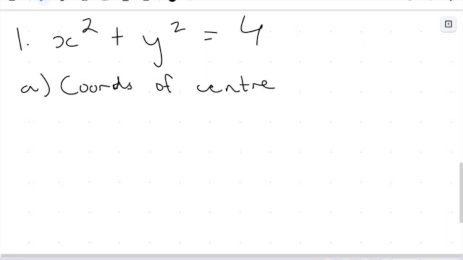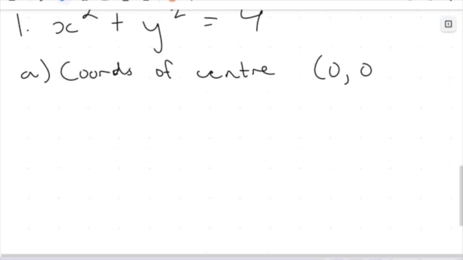When this is in this particular form, with nothing acting on the x squared or the y squared, no horizontal or vertical shifts, we say the center is at 0, 0. Now, if you need a refresher on transformations of parabolas or other graphs, and when I talk about these vertical and horizontal shifts, please look at some of those videos.